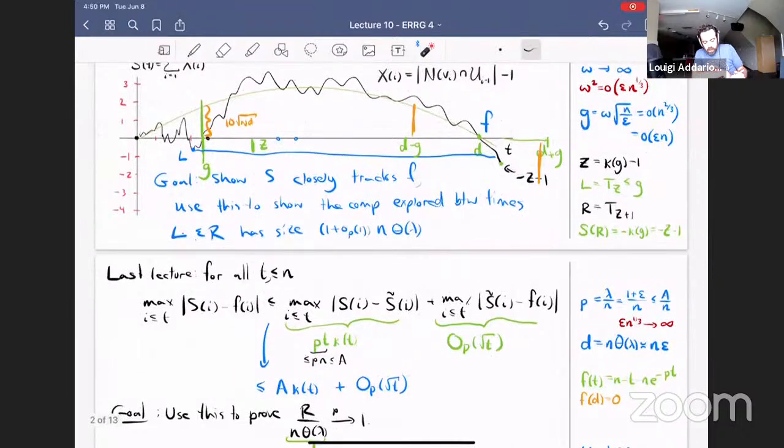But on the other hand, between times L and R, kappa doesn't change, right? We're in the midst of exploring a single component. So in principle, we can extend our good control over this error a lot further into the future, as long as we know that the process hasn't started hitting new local minima. Okay, so I want to use that now.